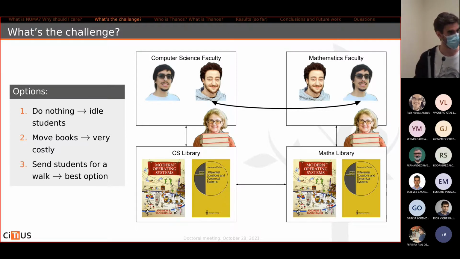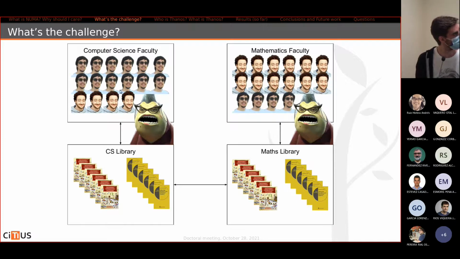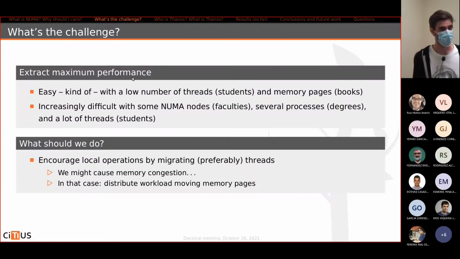But what happens when we have a lot of students from a lot of faculties looking for a lot of books and doing a lot of homework? Well, our friendly librarian is not friendly anymore, and things are a complete chaos. So summarizing, what we want to do is to extract maximum performance.